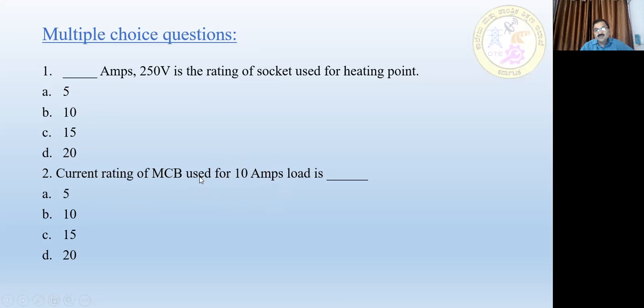So now the load current, after taking factor of safety, the new load current becomes 15 ampere. So we have to select the MCB here. Which one do you select? Okay, the answer is 15 ampere.